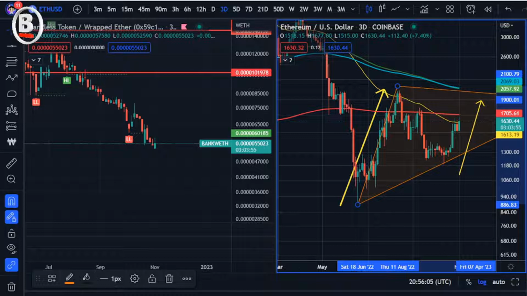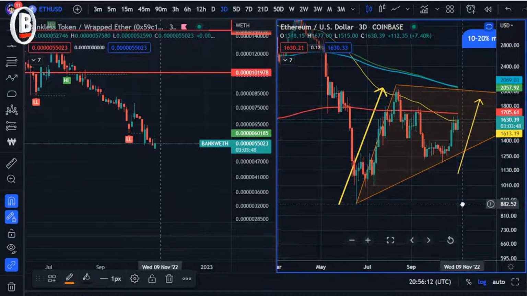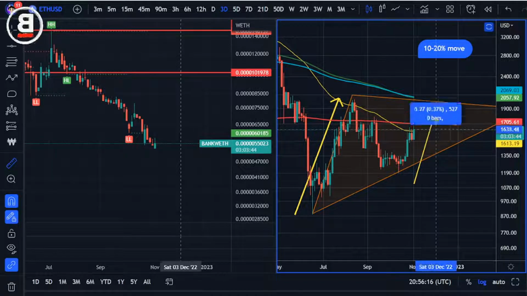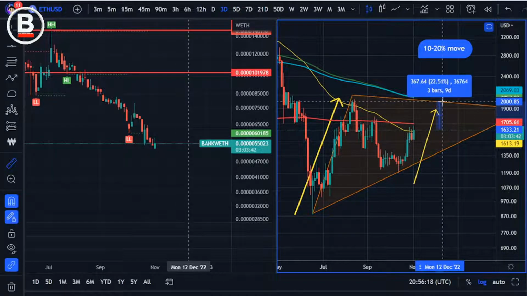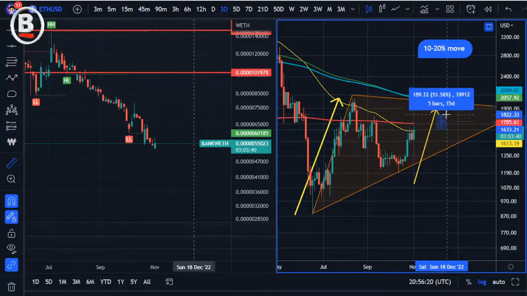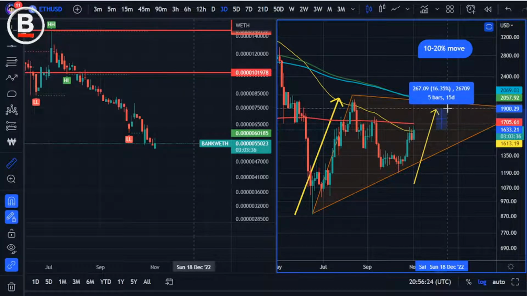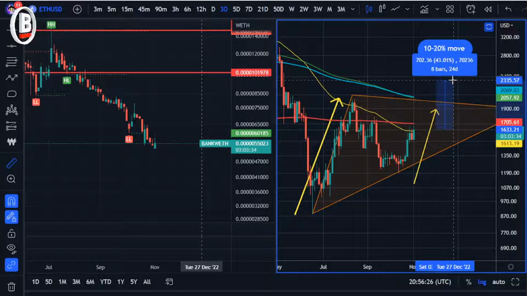So ETH goes up, bank goes down till it doesn't. We can expect another 10 to 20% move as we're looking for this lower high realistically or higher high.